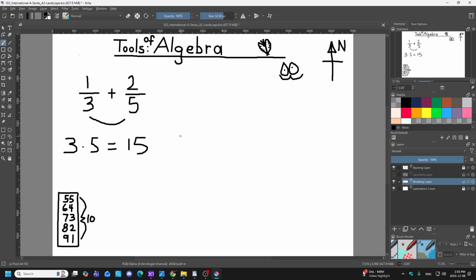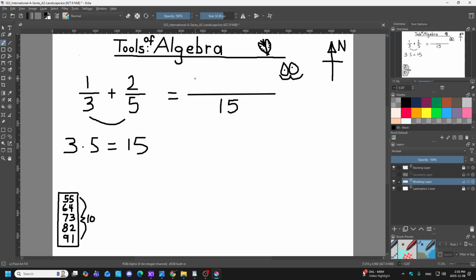So, to show you the work, let me show you. Okay, so I have decided that 15 is going to be my denominator.